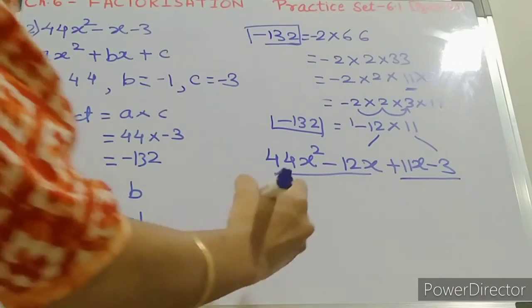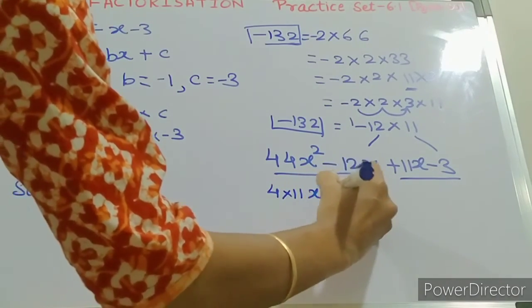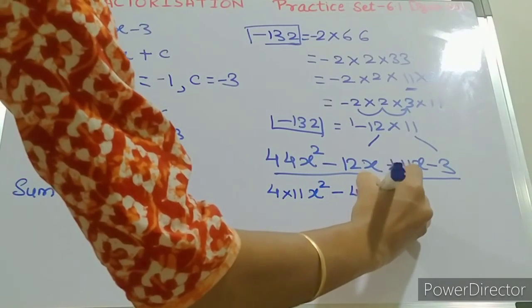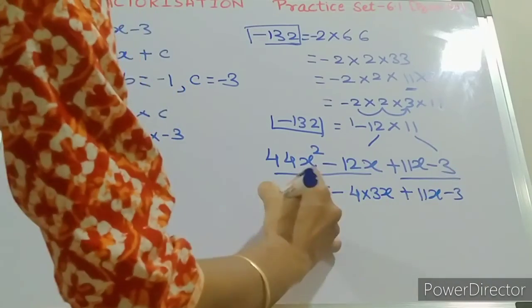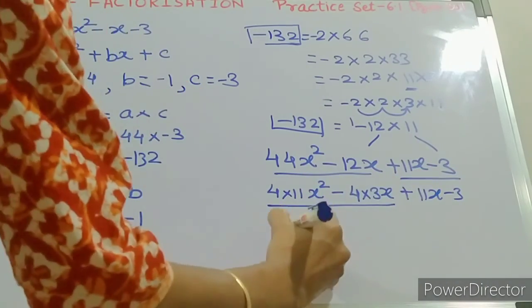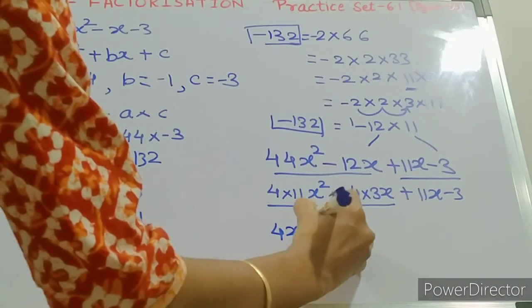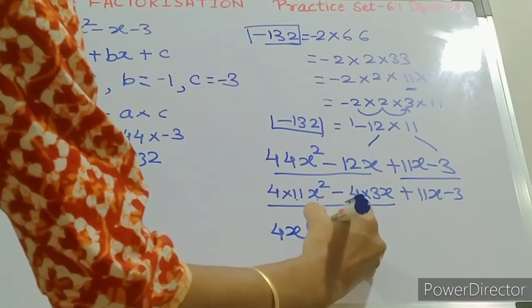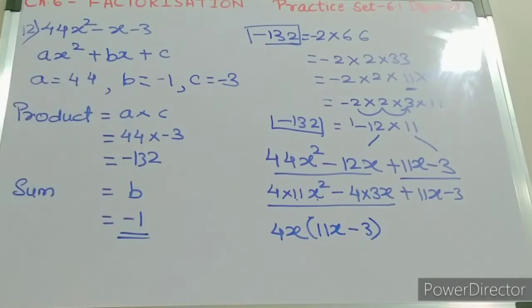4, right? 4 into 11x square, or minus 4 into 3x, plus 11x minus 3. So if I consider these two terms, what is common? 4. What is common over here? x. What is remaining? For the first term it is 11x, minus, from this it is minus 3.